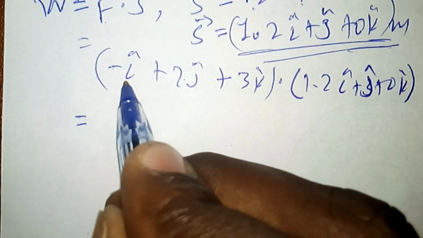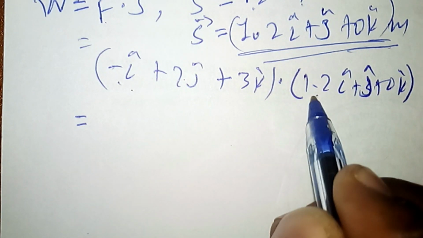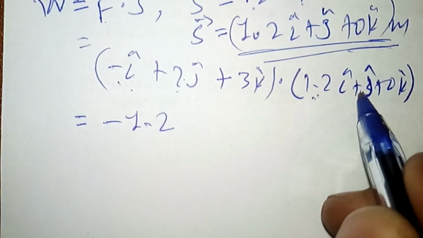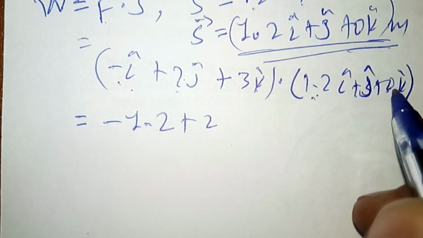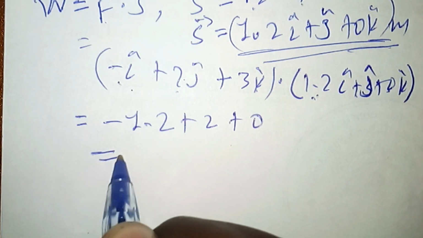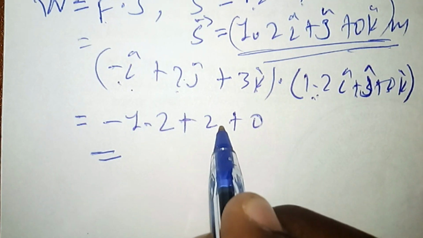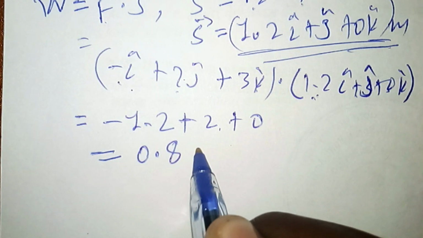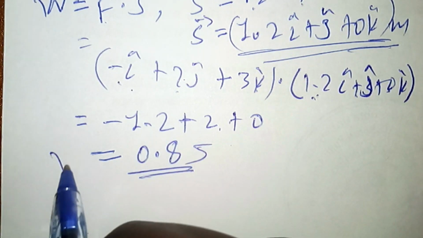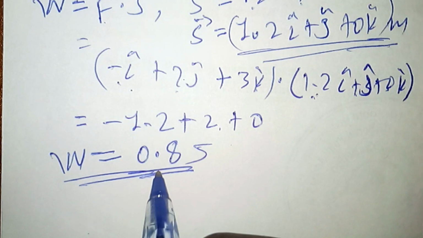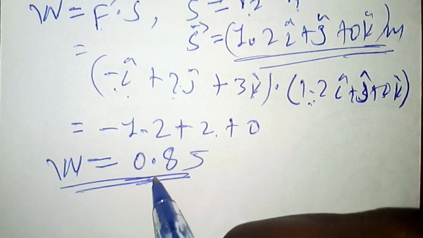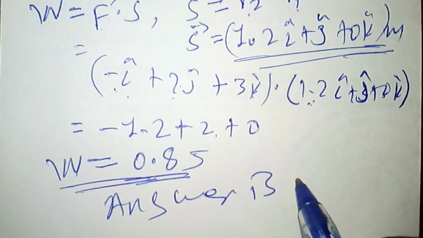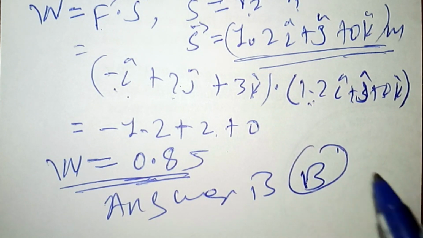That equals minus 1 times 1.2, which is minus 1.2, plus 2 times 1, which is plus 2, plus 0 times 3, which is plus 0. So minus 1.2 plus 2 equals 0.8 joule. This is the amount of work done by the force F in moving the object from its initial position R1 to R2. So the answer is 0.8, B.